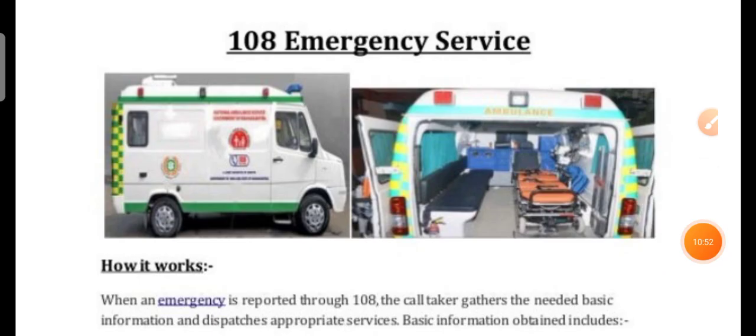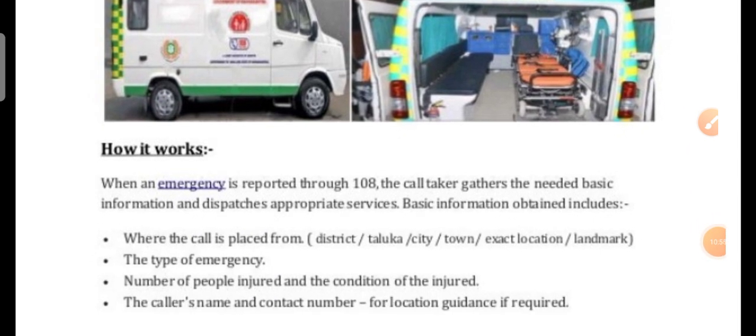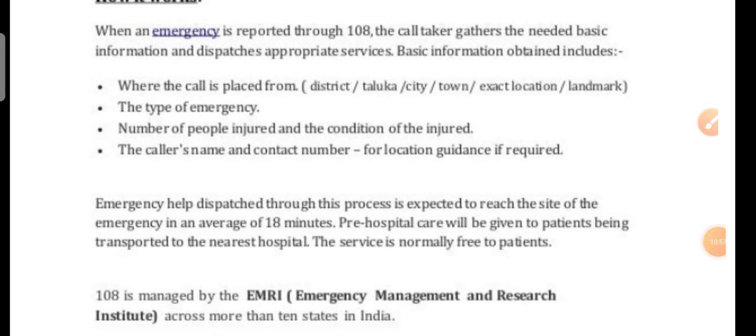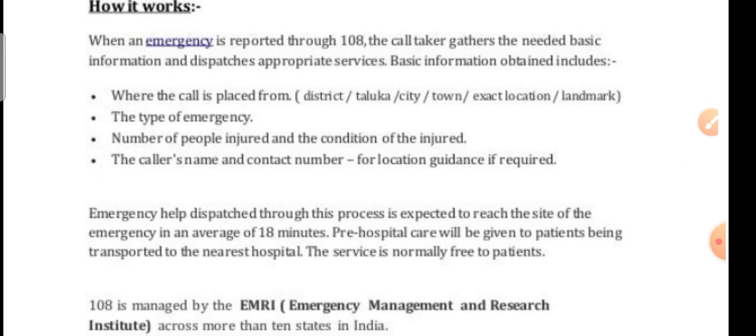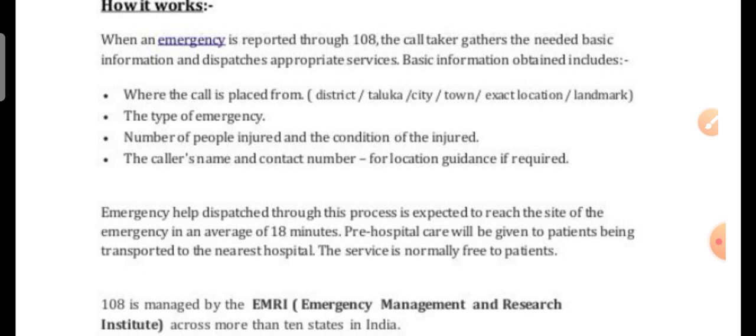See here, 108 emergency service. You can write here: when an emergency is reported through 108, the call taker gathers the needed basic information and dispatches appropriate services.